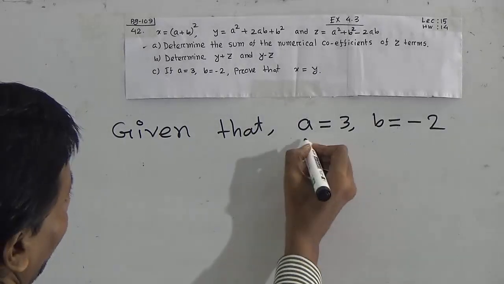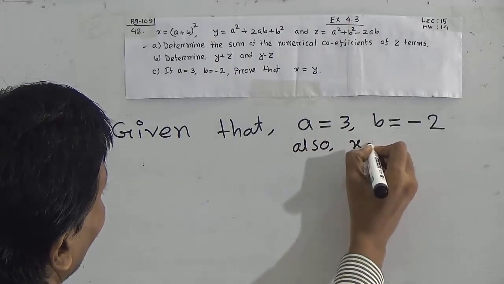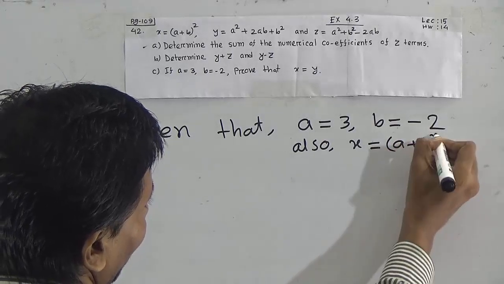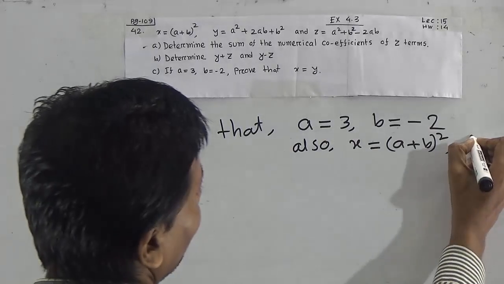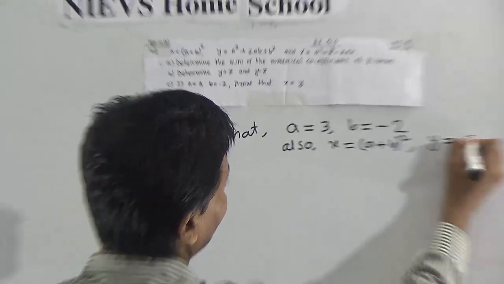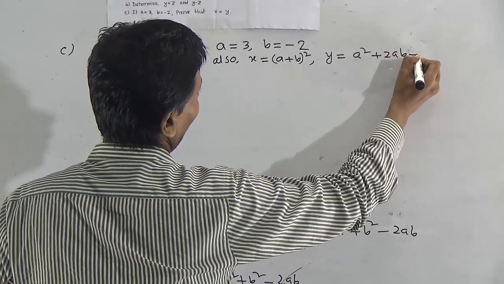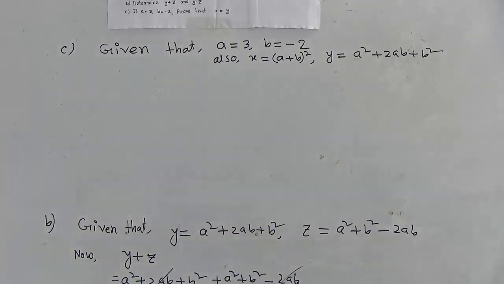Also you have to write x equal to (a plus b) whole square and y equal to a square plus twice ab plus b square. Okay, now we have to prove that x equal to y.